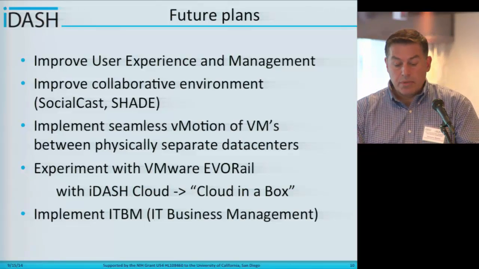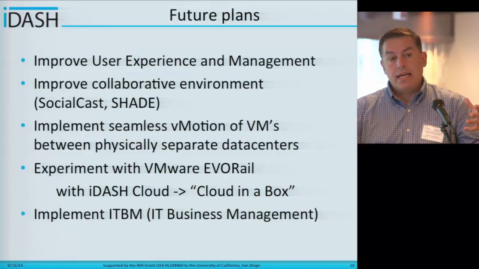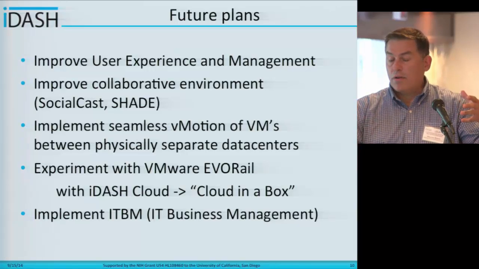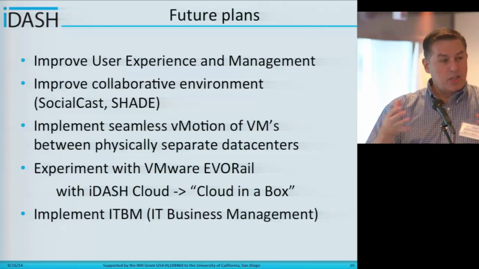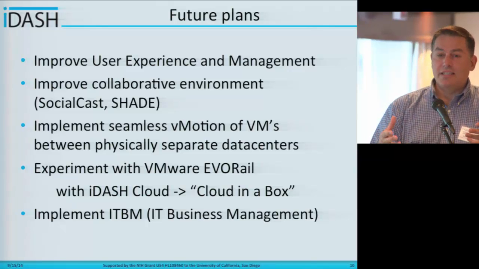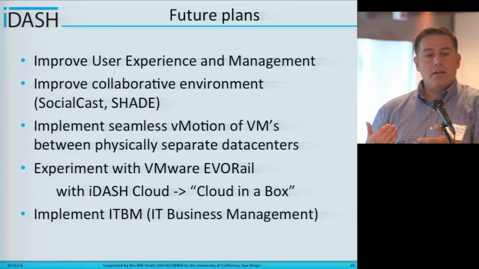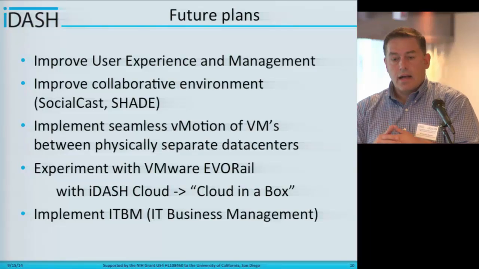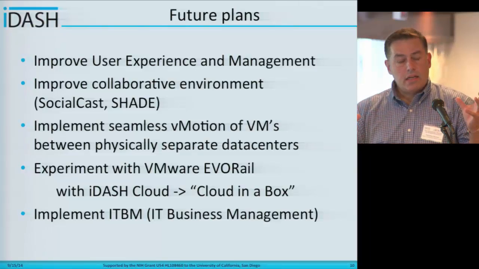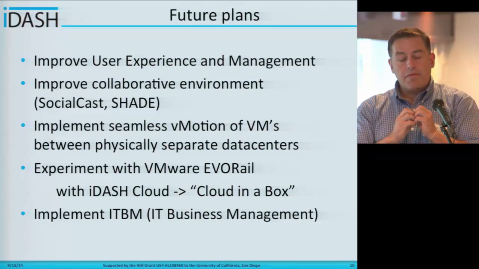We would like to implement seamless motion of VMs. The idea here is that we've got a bunch of data that sits, as we all have heard, in different locations. Everybody's very nervous about the security of this data because, after all, it needs to be HIPAA protected. And so that has slowed down requests for access to actually utilize the data. So one of the new technologies that's come out by VMware is vMotion.